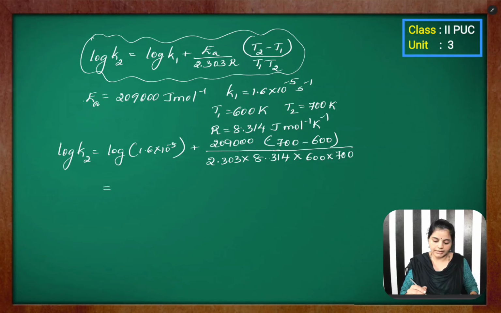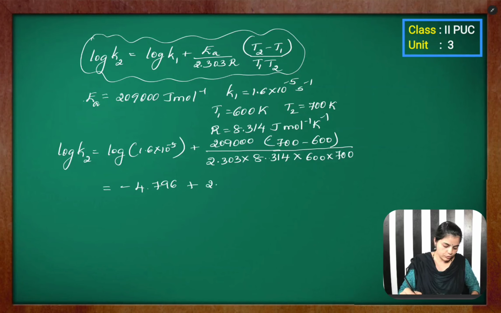Simplifying this, take log using log table, which is minus 4.796 plus second part is 209,000 into 700 minus 600 is 100 divided by 2.303, 8.314, 600, 700.